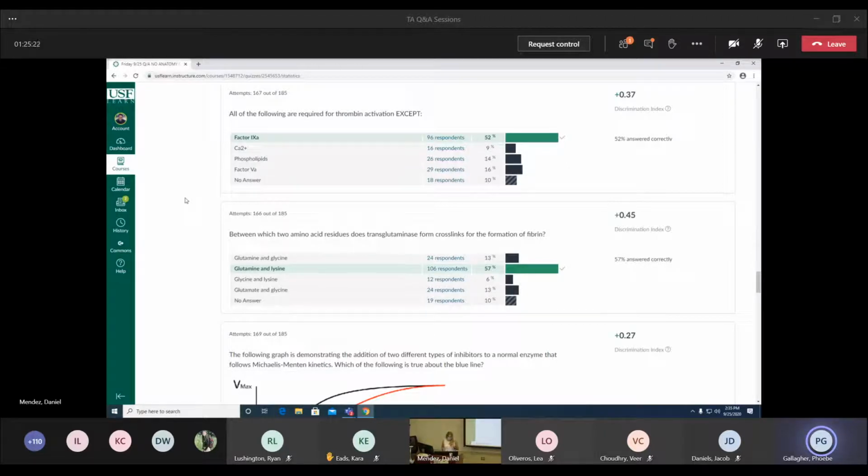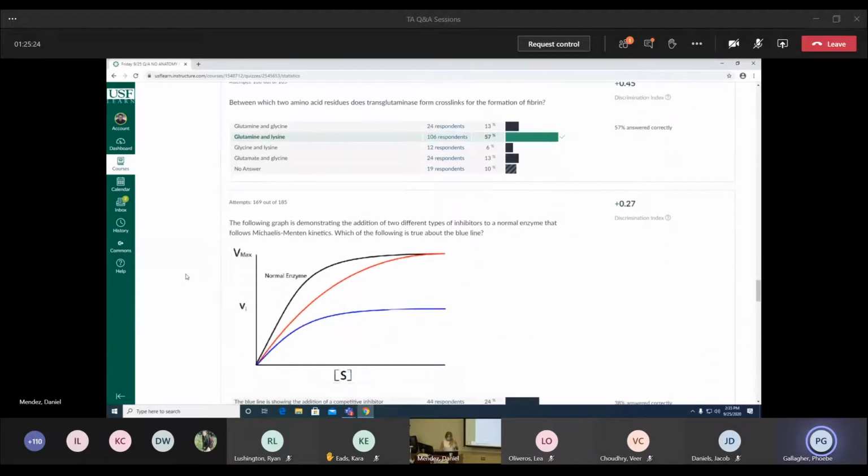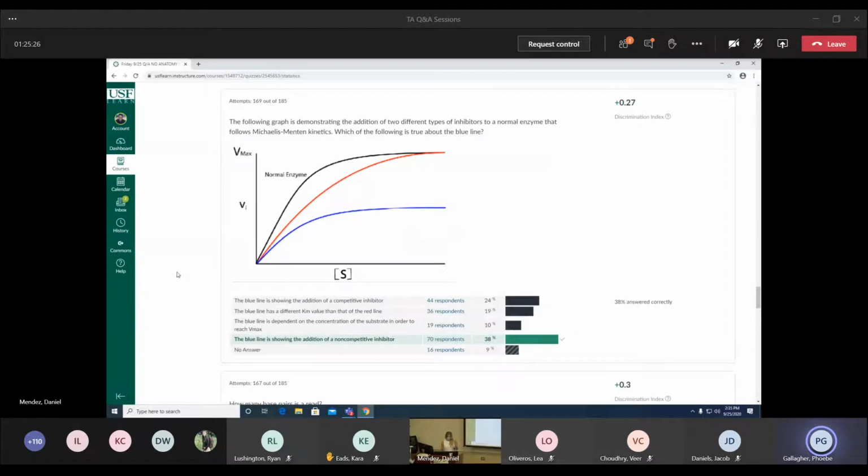So yeah, just memorization. And the last question, I gave you a graph of the Michaelis-Menten plot. The following graph is demonstrating the addition of 2 different types of inhibitors to a normal enzyme that follows Michaelis-Menten kinetics. Which of the following is true about the blue line? From the blue line, you'll see that it doesn't ever reach Vmax.